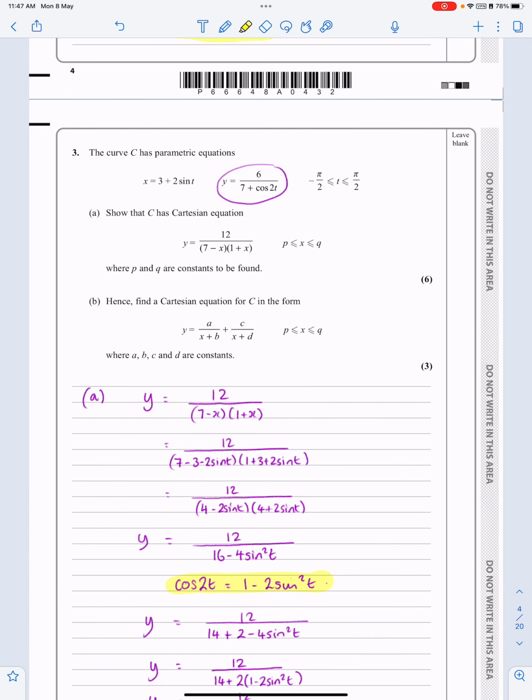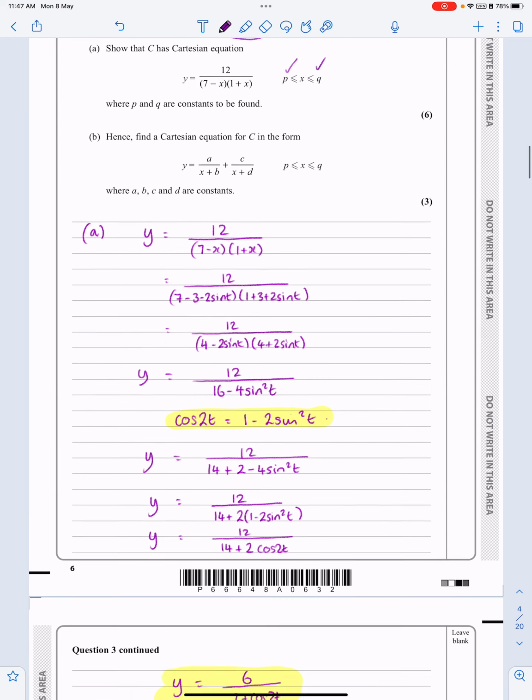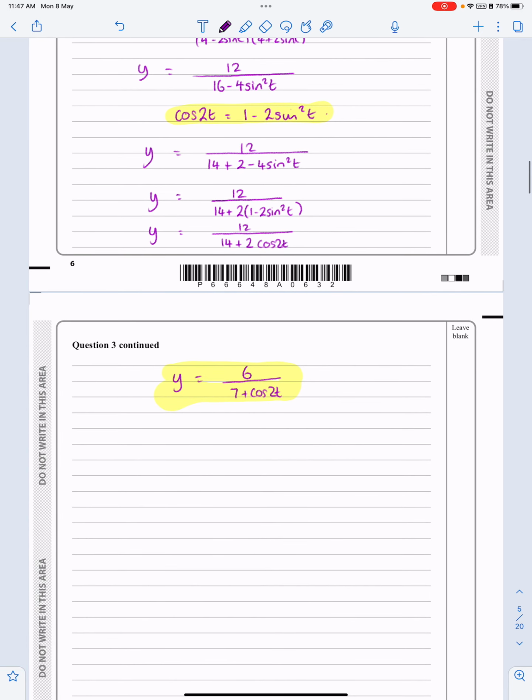where we go with that. And now we've got to look at the second part of it, which is working out what P and Q are going to be. You could have done this at the start, or you could do it, as I'm going to do it, now. So if I've got that x equals 3 plus 2 sine t, which I have, and they've told me that t is going to be pi over 2, or minus pi over 2, sorry.